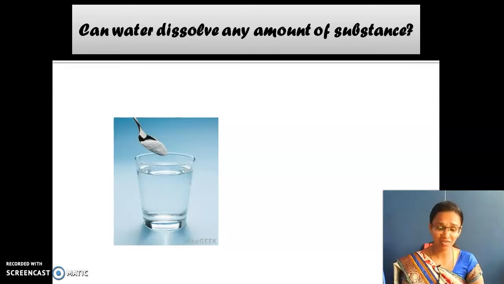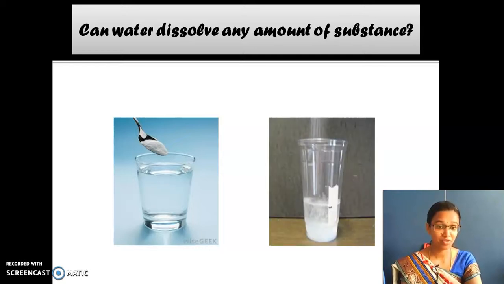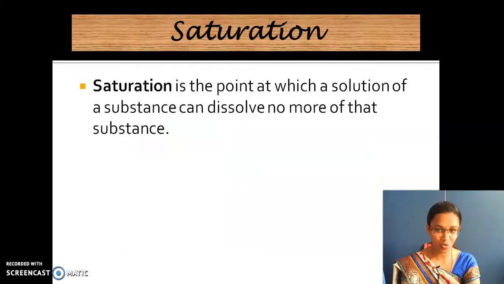Will all the salt get dissolved? No. A few grains of salt may remain at the bottom. If you keep on adding further and further, it does not get dissolved. So this point is called saturation. Note it down. This point is called saturation.